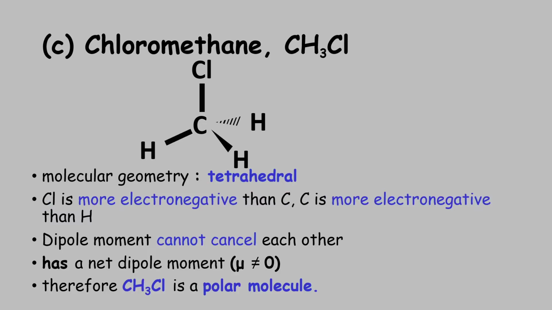While dichloromethane, okay, even though dia basic shape, tapi you tengok bond dia tak sama. This is the bond between carbon and hydrogen, while this is carbon and chlorine. So actually tak ada siapa nak cancelkan chlorine ni. Carbon and hydrogen, diorang tak polar, so diorang tak boleh nak cancelkan chlorine. So it is a polar molecule.